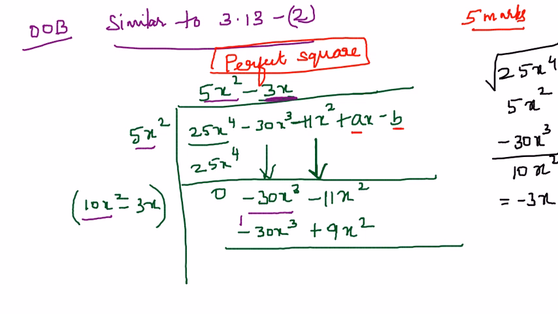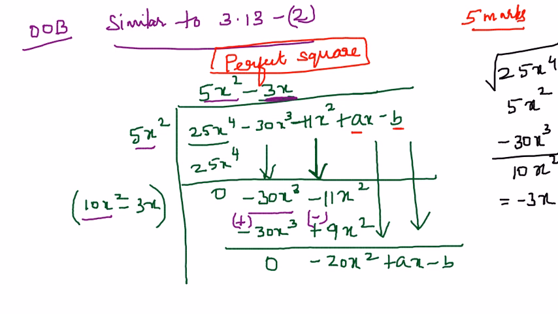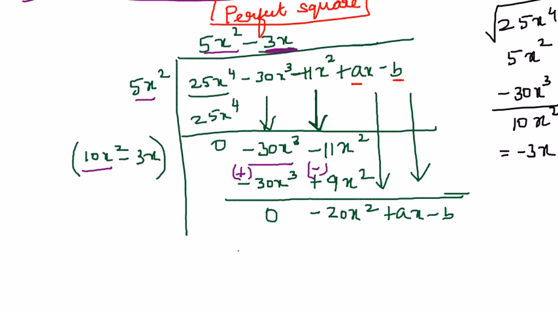Before subtracting, what do we do? We change the sign, right? So this becomes 0. This becomes minus 11 plus 9, which is minus 2x squared, and then I bring down the next two terms, plus ax minus b, which is what we have to find out. Okay, next, whatever we have in the quotient at that point, we have to multiply by 2.